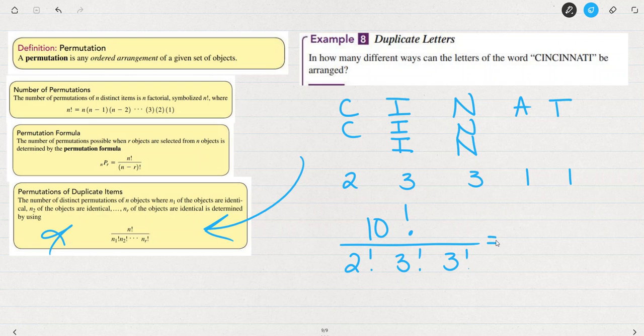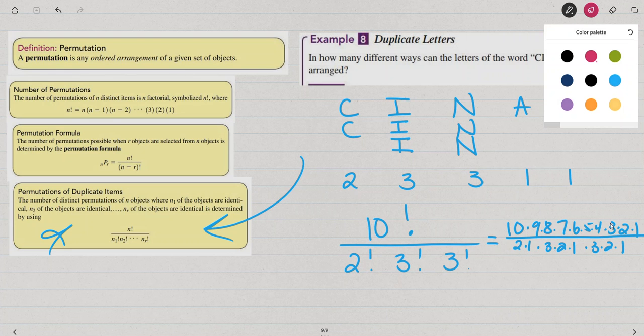There's not a button on your calculator that'll do this one for you. So let me show you how we would do this. 10, 9, 8, 7, 6, 5, 4, 3, 2, 1. And we're going to divide by 2 times 1 times 3 times 2 times 1 times 3 times 2 times 1. Do you see what you could reduce out?